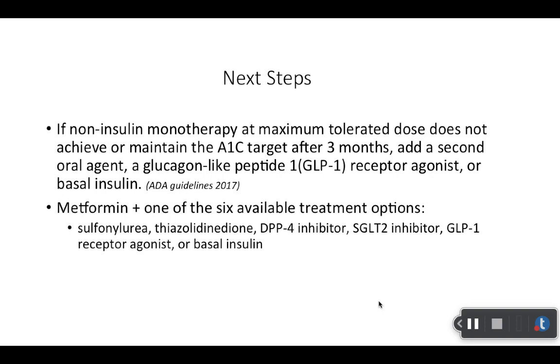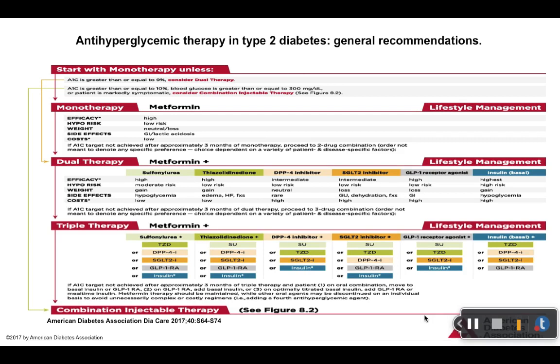Scratch that. Basal insulin is the long acting insulin. But the reason I mention that is because patients do not like insulin, and it's just something that they're very resistant to, but it may be warranted, again, depending on the severity of the patient.